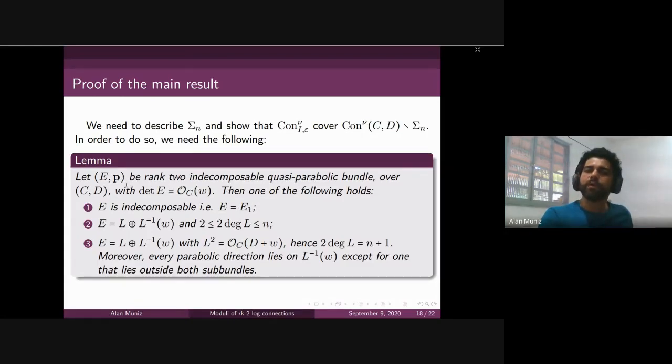We can have a quasi-parabolic structure that does not decompose, but the underlying vector bundle is decomposable. And we have these two possibilities. Either the degree of L, well, 2 times the degree of L, is less than or equal to n, or it is equal to n plus 1. And we have some special position for the quasi-parabolic directions.